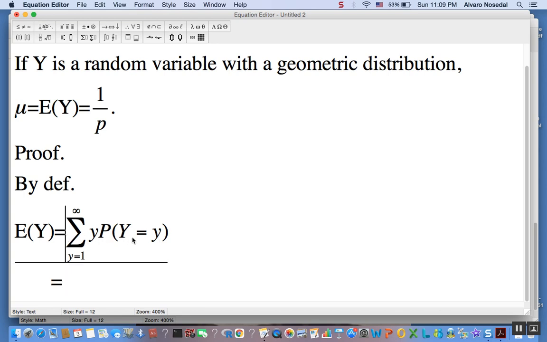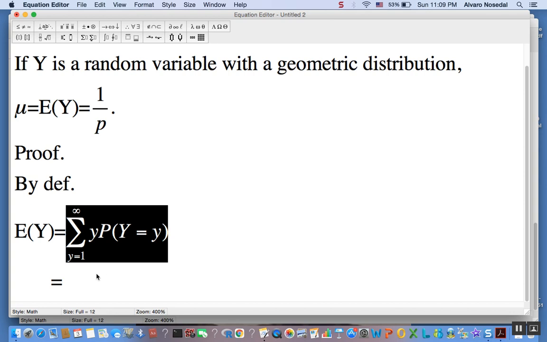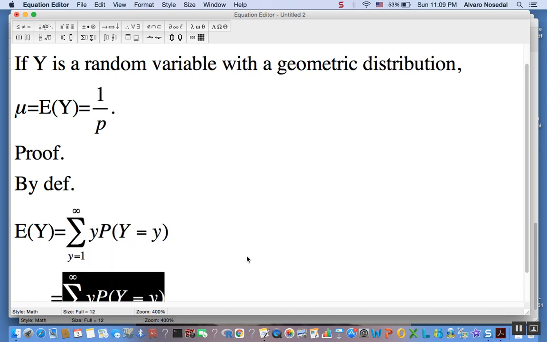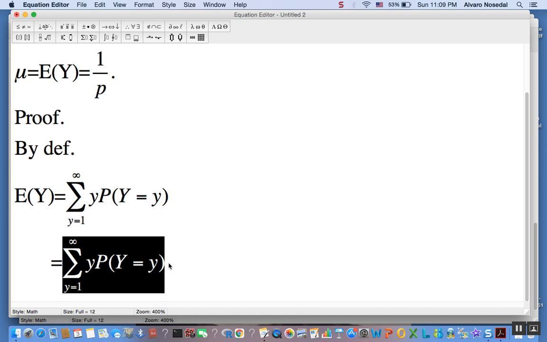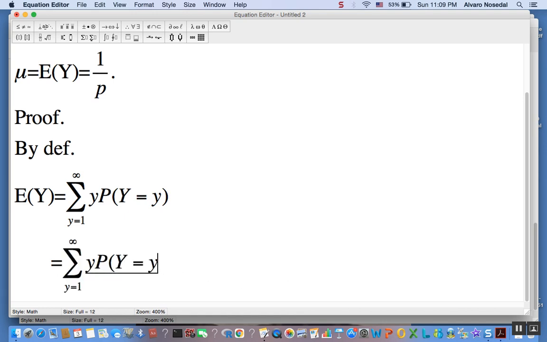Okay, so let me just rewrite the definition of expected value, but now we're going to be using the particular expression for a geometric distribution. So we know it's going to be 1 minus p to the power y minus 1 times p, right?